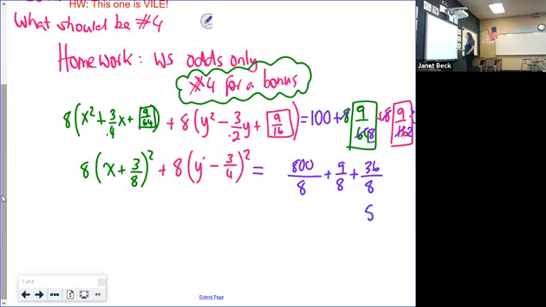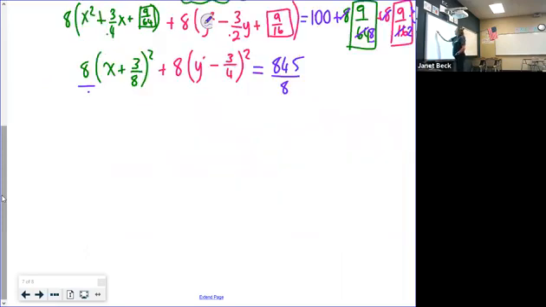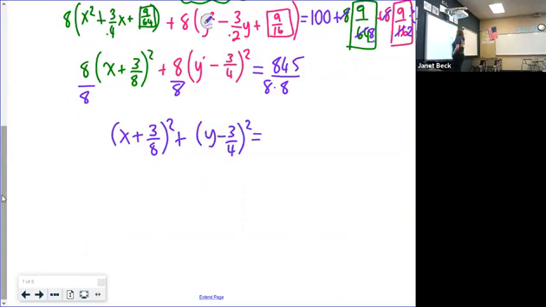So I've got 800 plus 45. I've got 845 over 8. Yuck. Then what I could do to turn it into a circle is I can actually divide these 8s away. So my answer is x plus 3/8 squared plus y minus 3/4 squared equals 845 over 64.